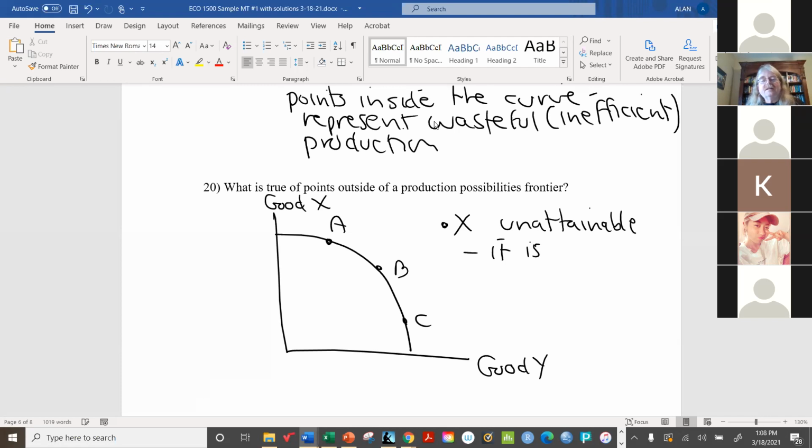Although, yes, ideal is absolutely correct. It is impossible to produce outside the curve with current resources.